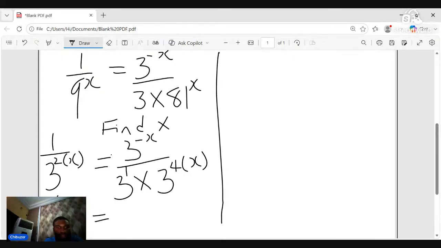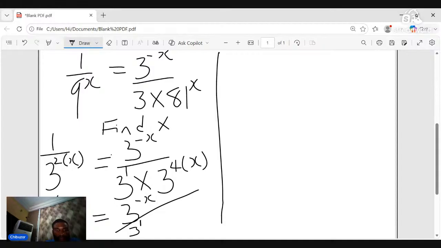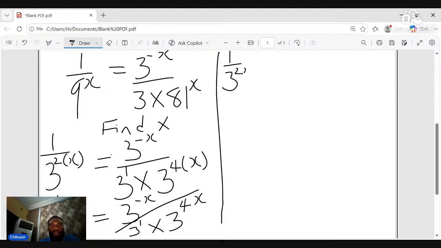We come over to this side, we say 3 raised to power minus x divided by 3 raised to power 1 times 3 raised to power 4x.